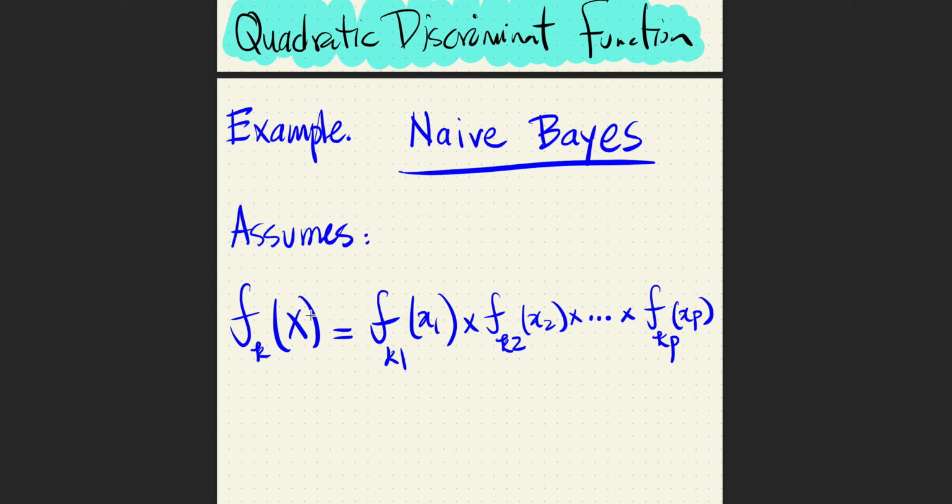Now Naive Bayes goes in another direction and says, I don't want to necessarily make an assumption about whether it's Gaussian or not. The major assumption I'm going to make is that the joint distribution factors into the multiplication of the marginal distributions.